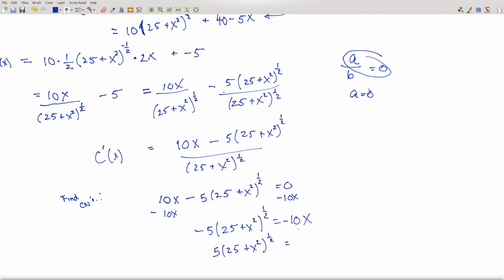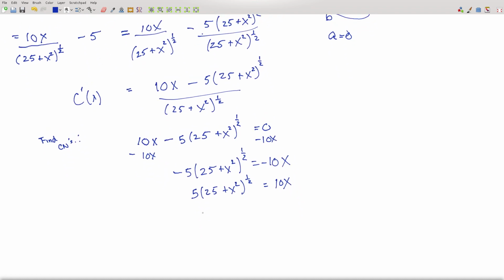When you multiply the right hand side by negative 1, you get 10x. Okay, so far so good. I'm going to now divide both sides by 5, because I'm trying to isolate this quantity to the 1/2 power. Divide both sides by 5. So now I have the quantity 25 plus x squared to the 1/2 power is equal to 2x.